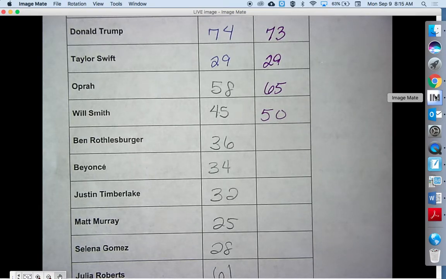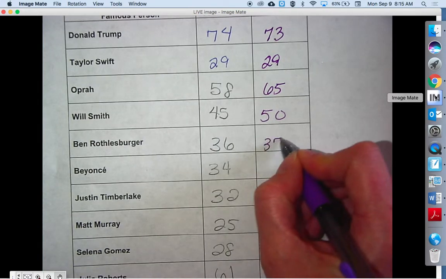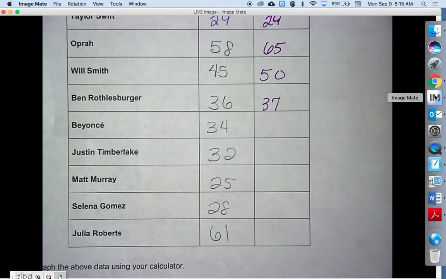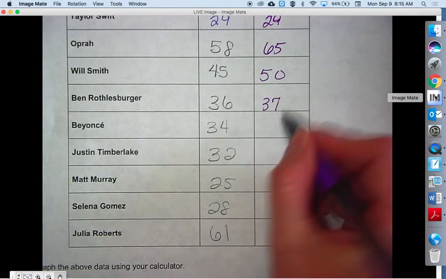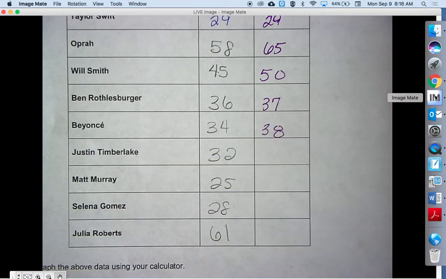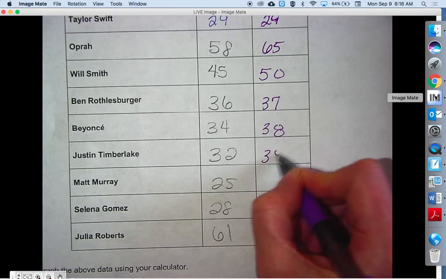So that makes him 37. Beyonce was born the year before, in 81. She just had a birthday this weekend, so she just turned 38. Justin Timberlake, also born in 81, is also 38.